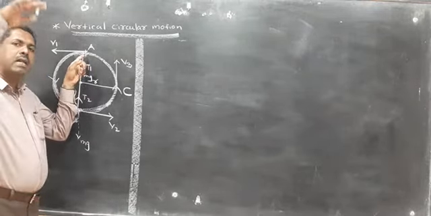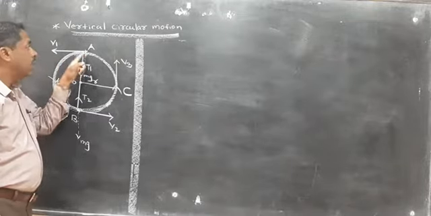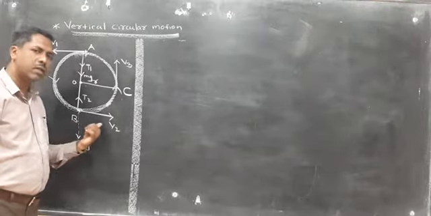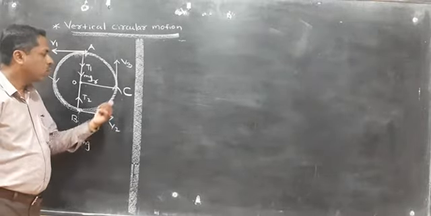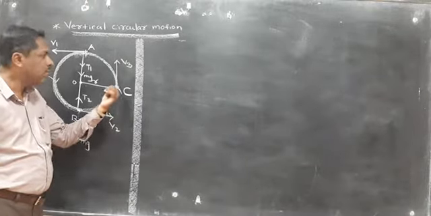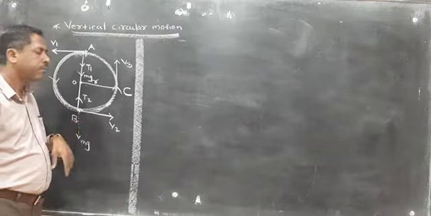The object at the top has a certain velocity v1. The object at the bottom, B, has a certain velocity v2. The object at the midpoint, represented by C, has a certain velocity v3. O is the center of the circle.